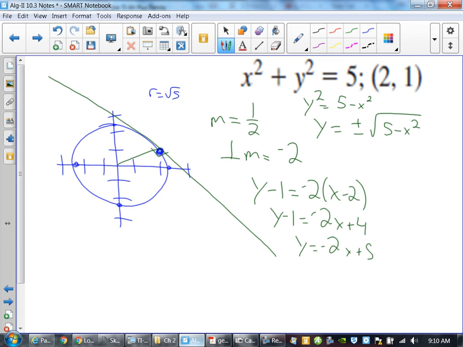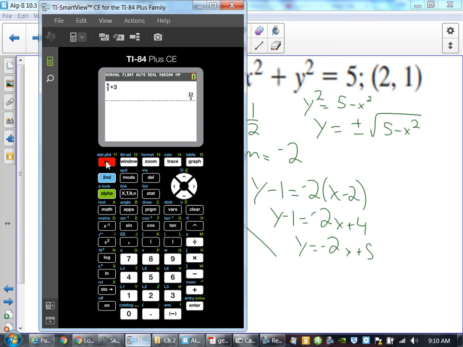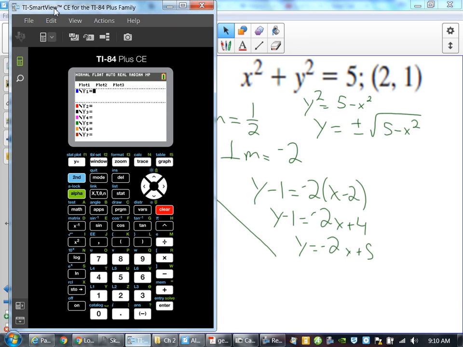Now, this basically means that you have 3 equations you can throw in your y equals. First one I'll put in is y equals the square root of 5 minus x squared. Next one I'll put in is the negative square root.